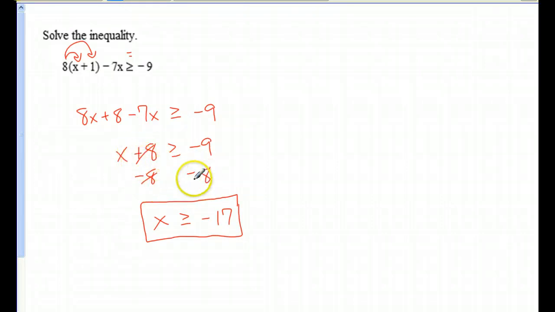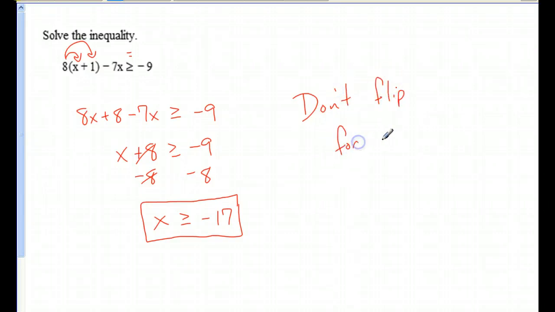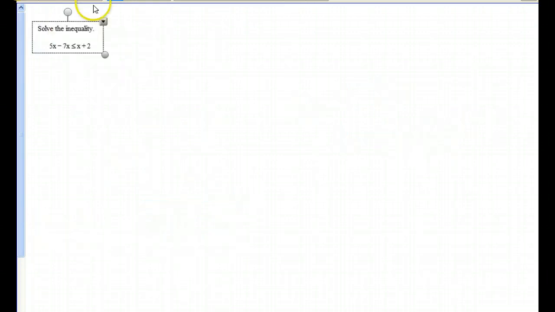I subtracted negative 8. Alright, so we don't flip the order symbol for subtraction, only for division or multiplication by negative. Only when you multiply or divide by negative.